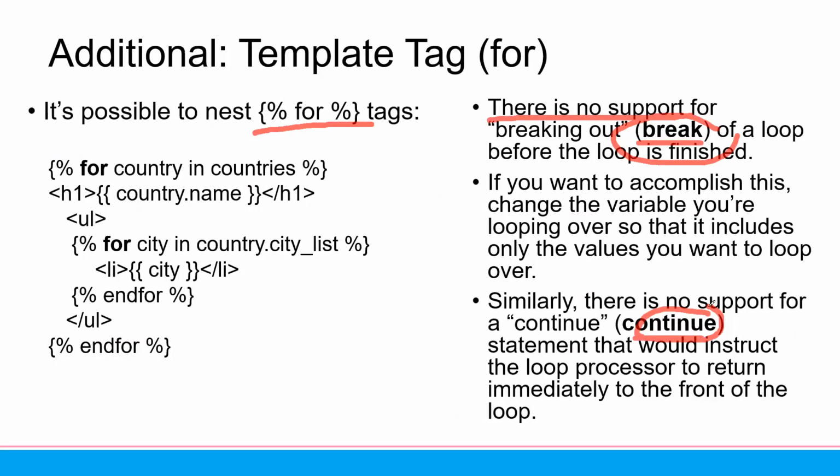Okay. So please pay attention on this one. So if you want to accomplish this, you need to change the variable you are looping over so that it includes only the value that you want to loop over. There is no break, there is no continue. So just try to loop what you want to show.